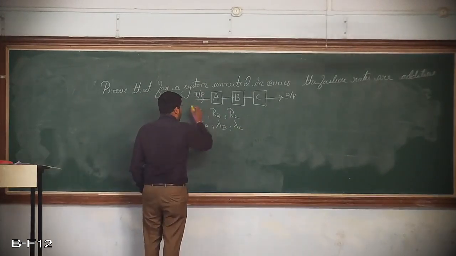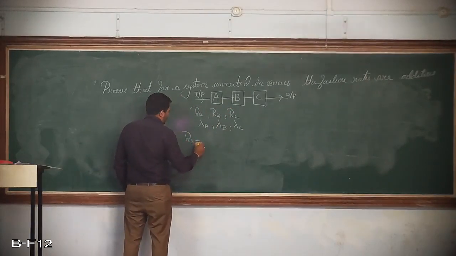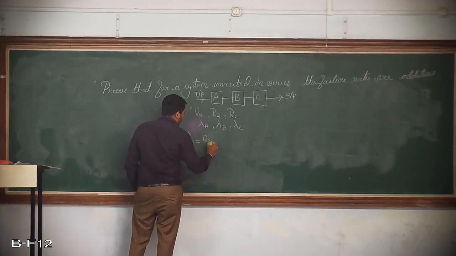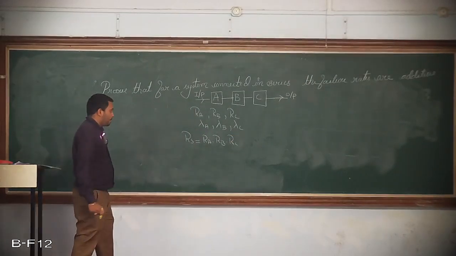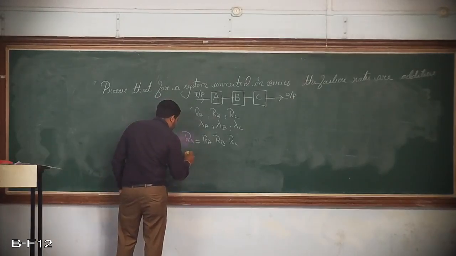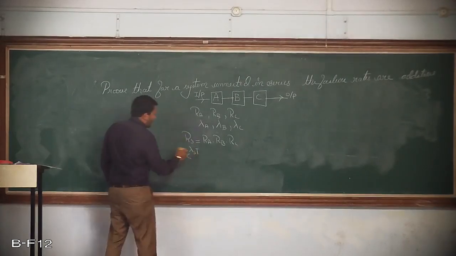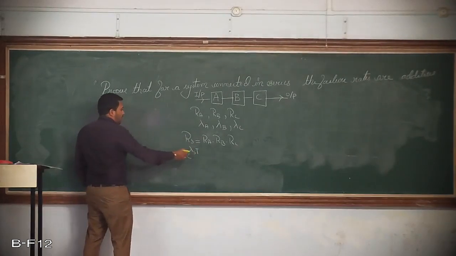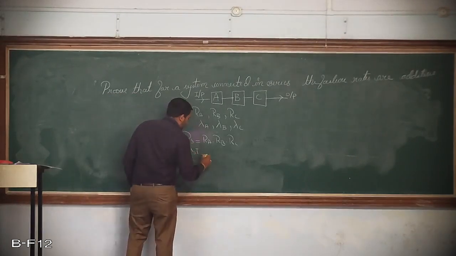So we know that for a system connected in series, the reliability of the system is given as reliability of A multiplied by reliability of B multiplied by reliability of C. And we know that the reliability is given as e raised to minus lambda S T, where lambda S is nothing but the failure rate per hour of the entire system.